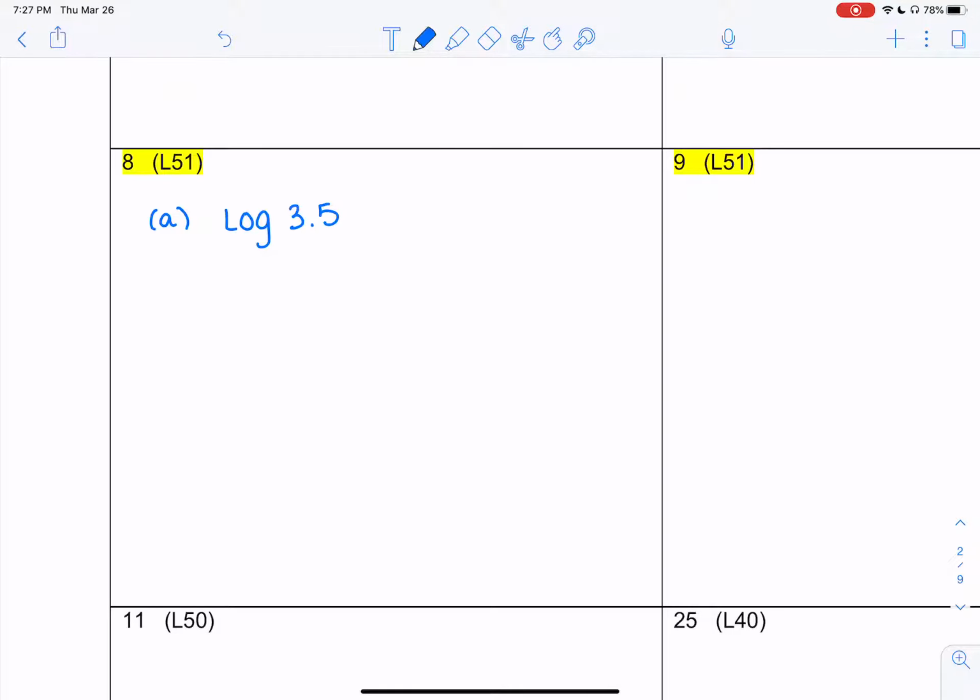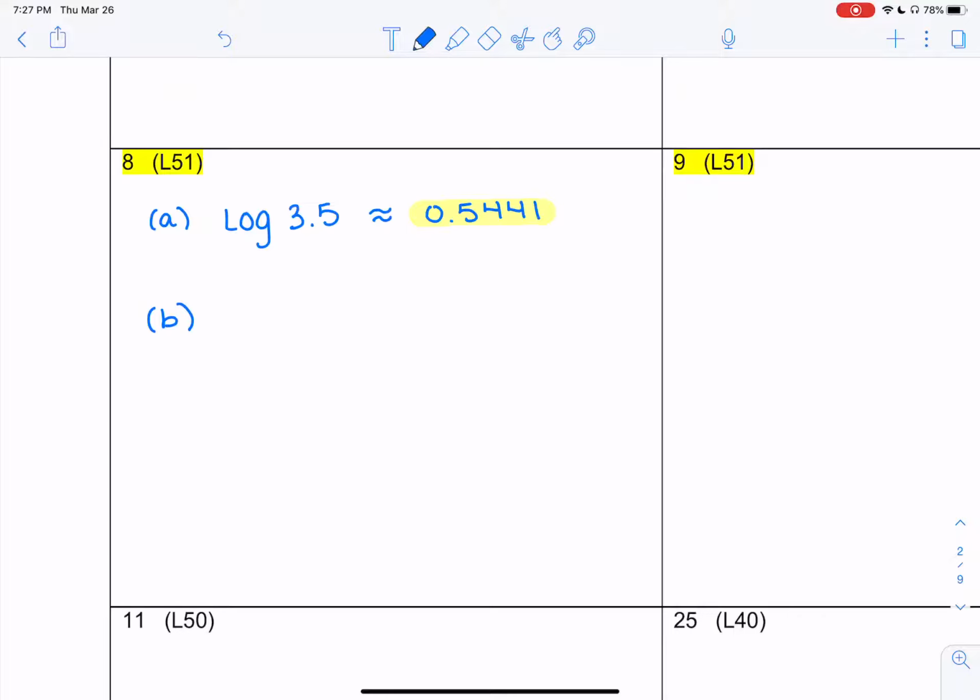On your calculator, type in log 3.5. Saxon likes to take this out 3 or 4 decimals. Most math classes will ask you to take it out 4 decimal places. All you're doing is typing that in your calculator.